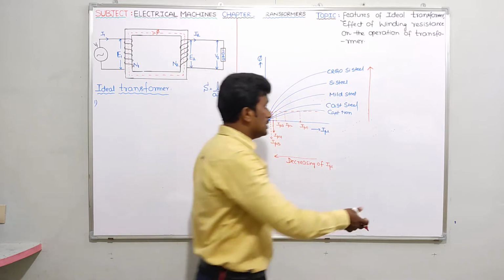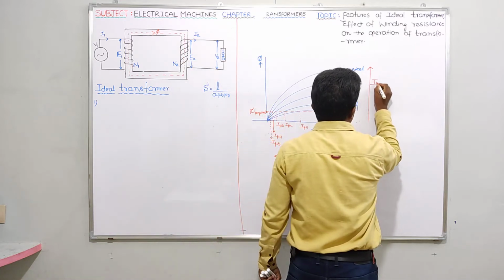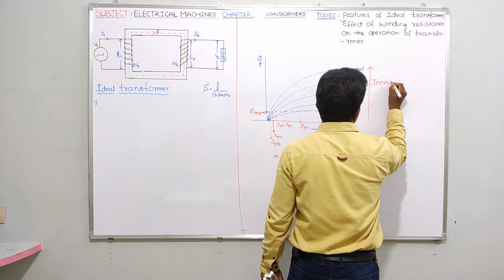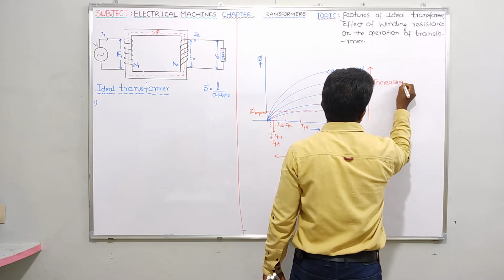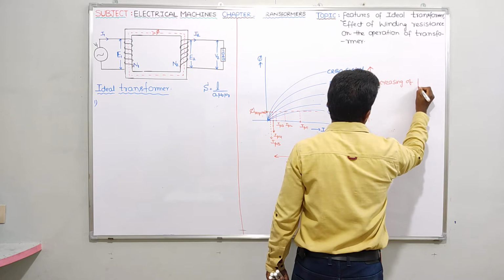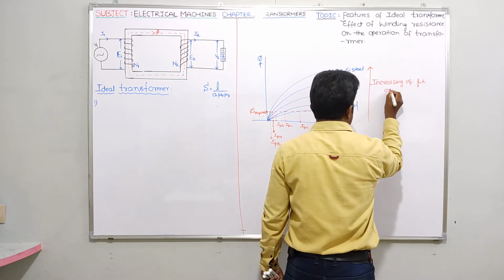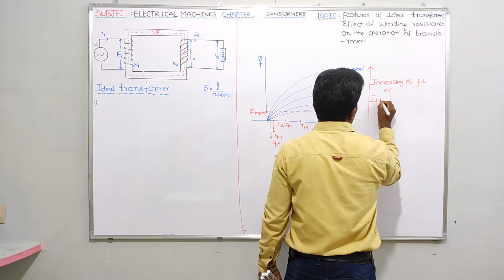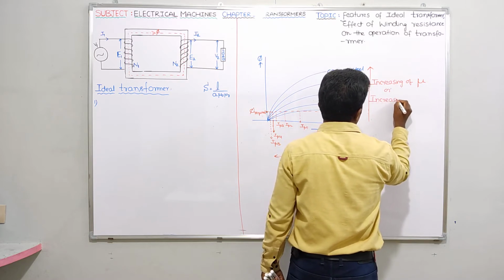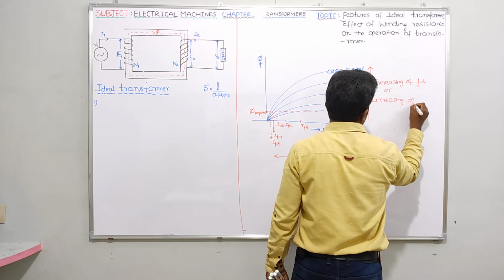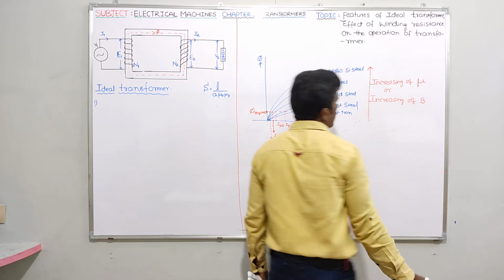That means this direction is nothing but the increasing direction of permeability. Let me represent permeability with mu, okay. Or I can say increasing of flux density, okay.